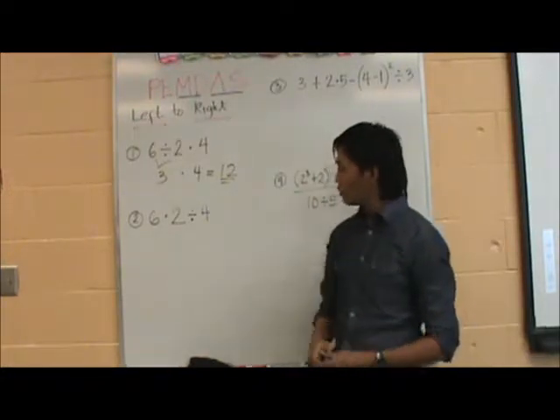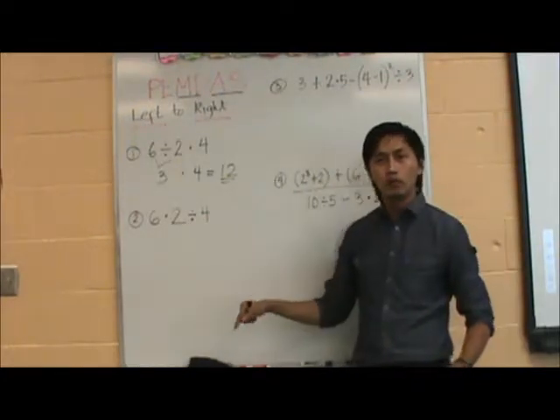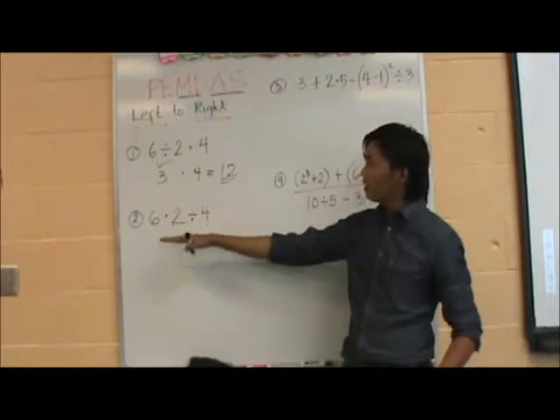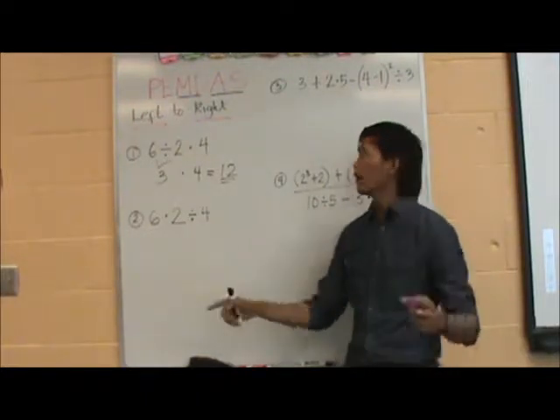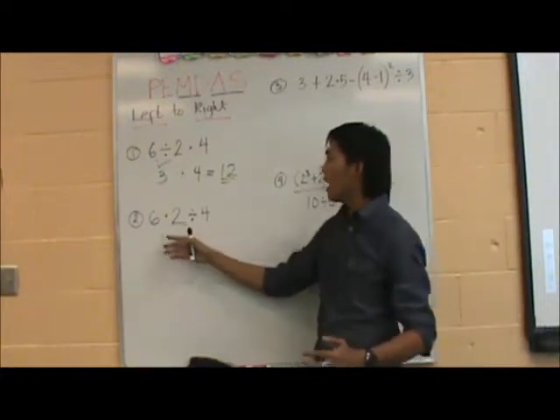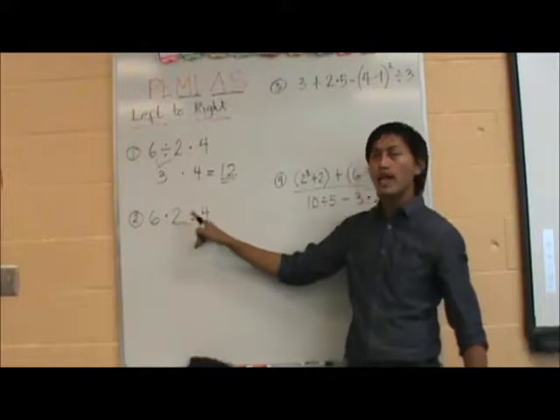Now let's move on to number 2. For number 2, we got 6 times 2 divided by 4. Once again, we have to follow the rule, not the sequence of the letters here, but the rule. So from the left to right, we have times first and then divide.